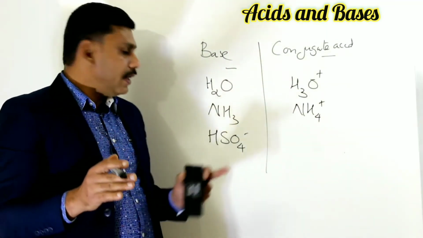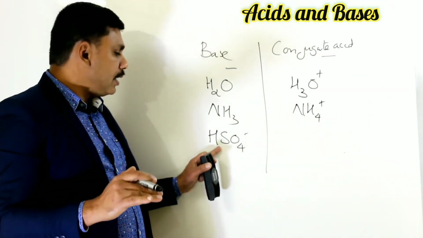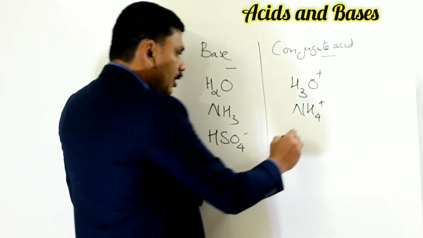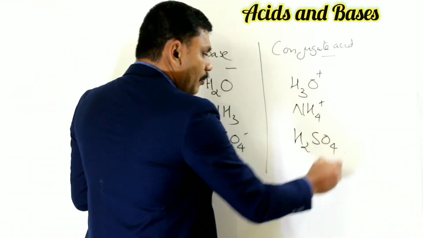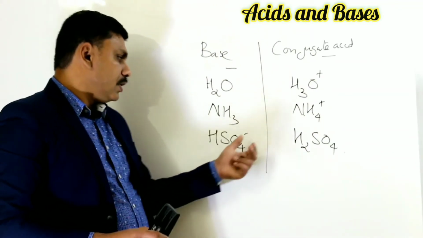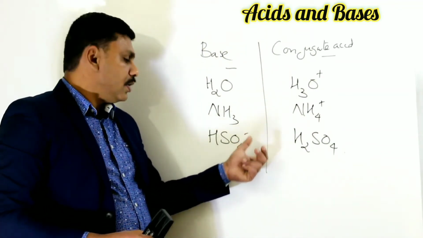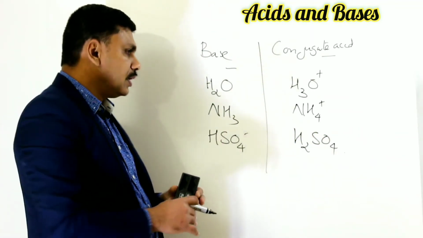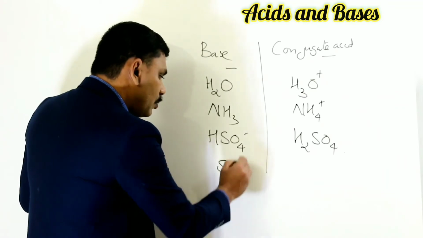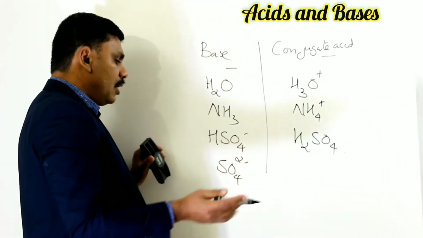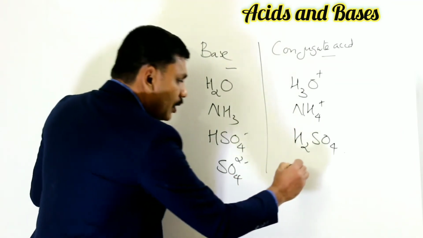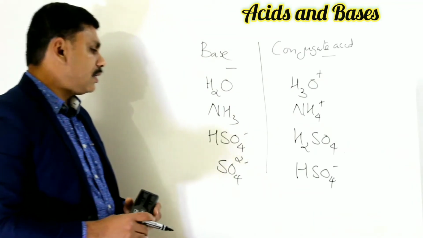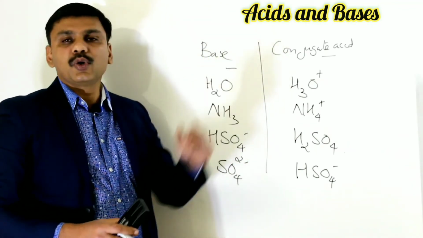Add H plus to this, you will get H2SO4. The minus sign will be removed. Then SO4 2 minus. How will you get its conjugate acid? Add H plus, you get HSO4 minus. These are the base and conjugate acid pairs.